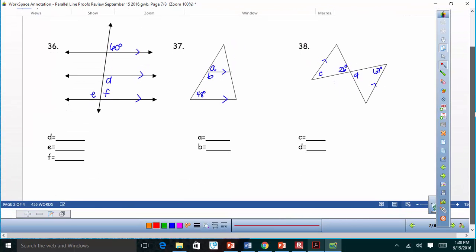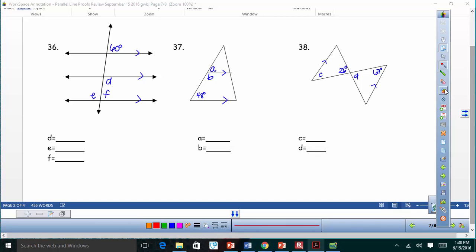Okay, the next ones I want to look at are 36, 37, and 38 because we tend to think these are harder, but if we know how to look at them, they're really not that bad. So, looking at 36, how many parallel lines do we have there? 3. How do you know they're parallel?